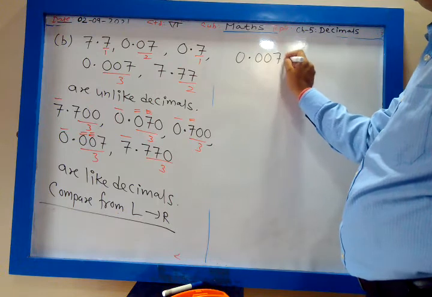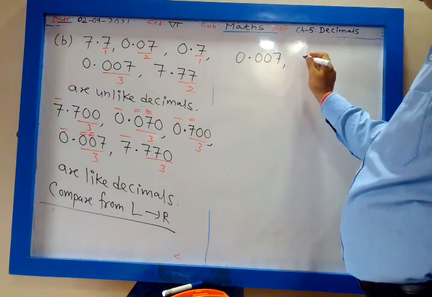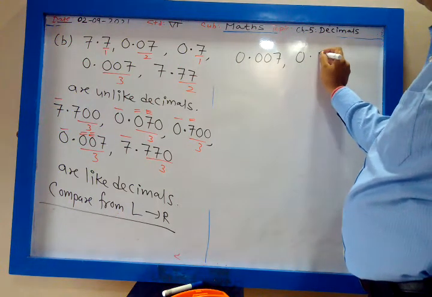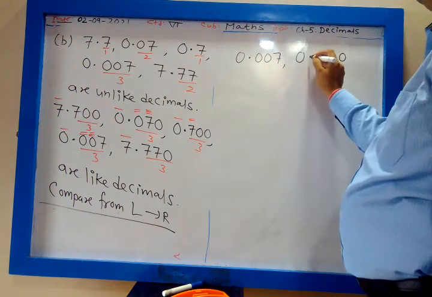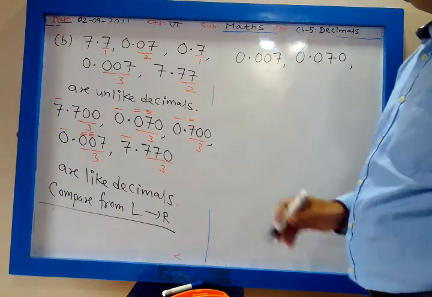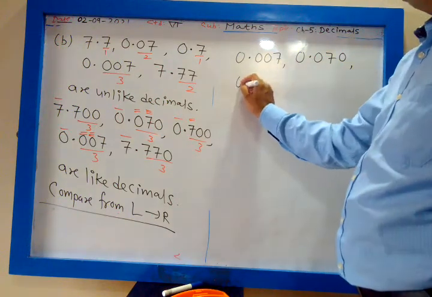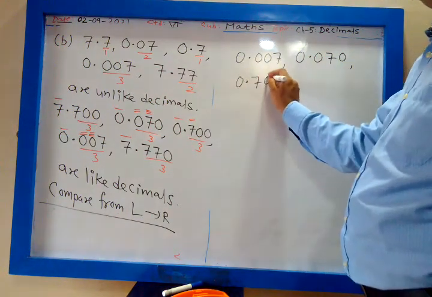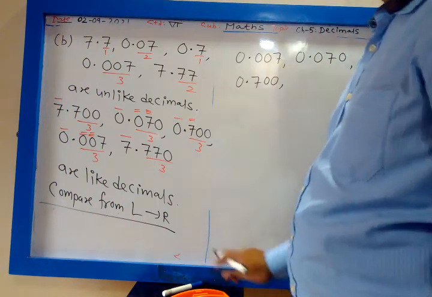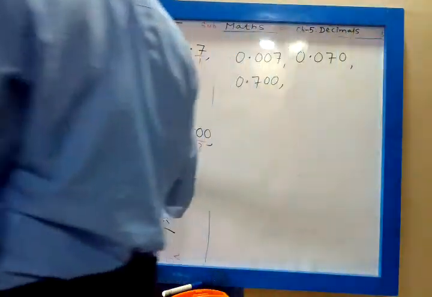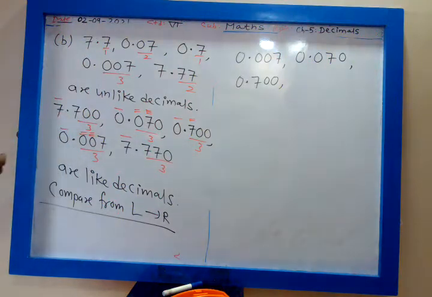0.070. After this, it will be 0.700. Then after this is 7, 7, 7.